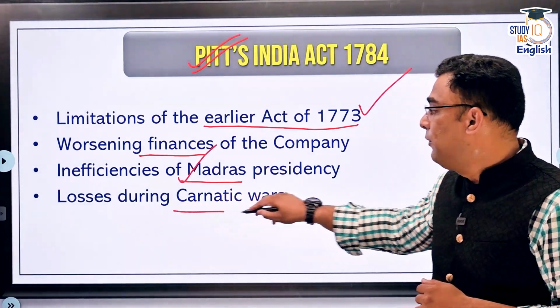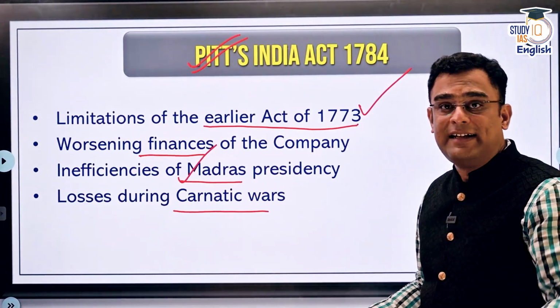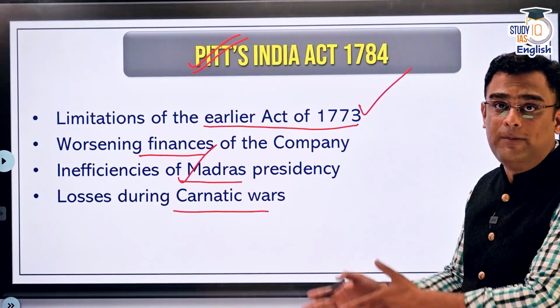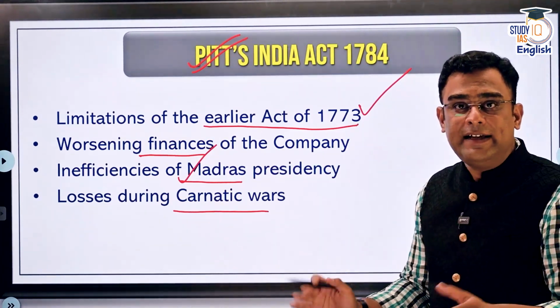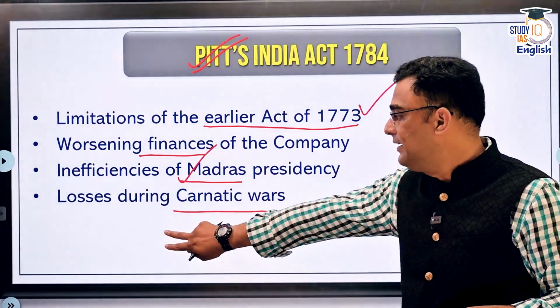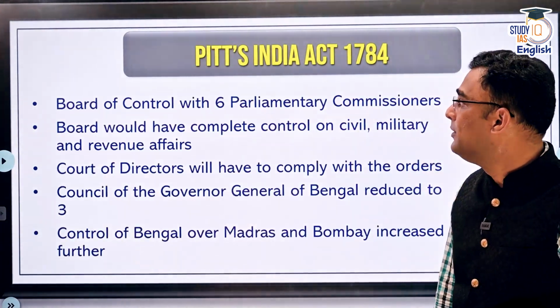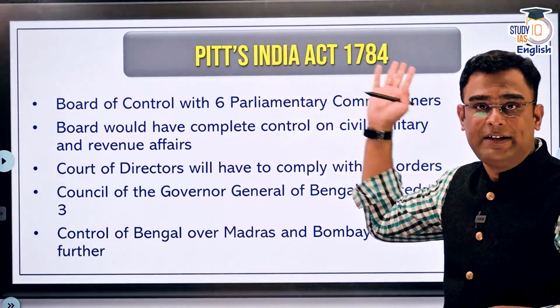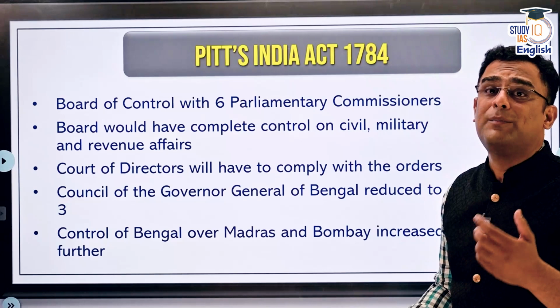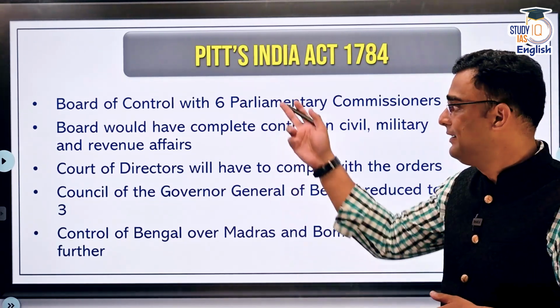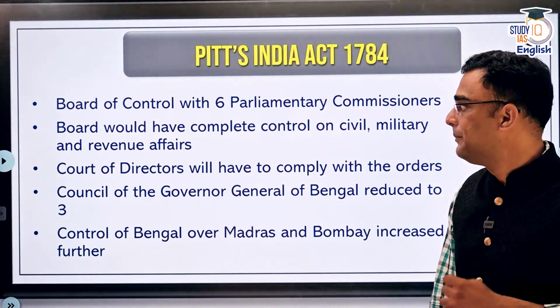Carnatic wars also with the French and their Indian allies had taken a big toll on the economic well-being of the company. In this context, the British government decided that we need to reform this, and the Pitt's India Act is passed for that reason. Pitt was the name of the British Prime Minister, and that is why the act is known after his name.